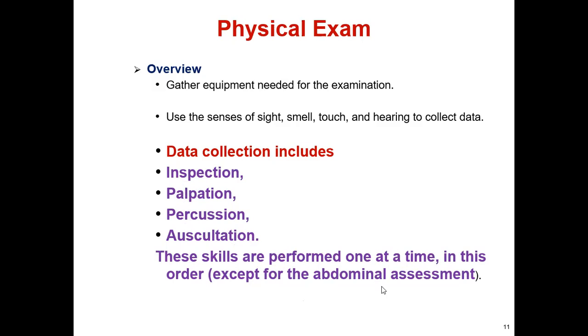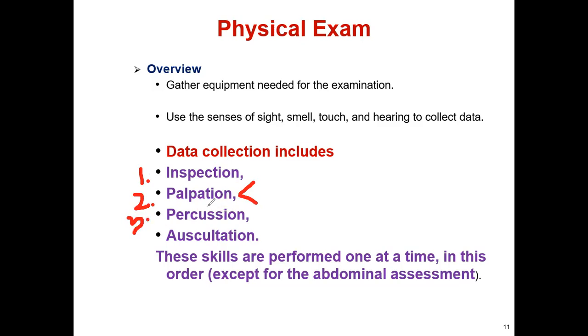So we said the first one is inspection. So what you can see. Number 2 is palpation. When you palpate, superficial and deep palpation, you can palpate the organs, kidney, liver, spleen. And number 3, we do the percussion.